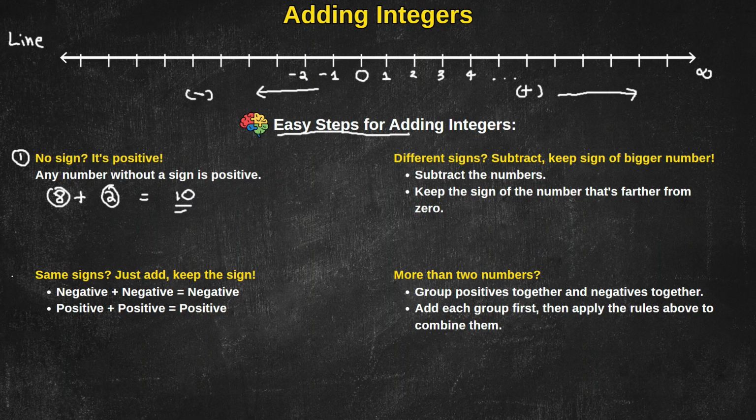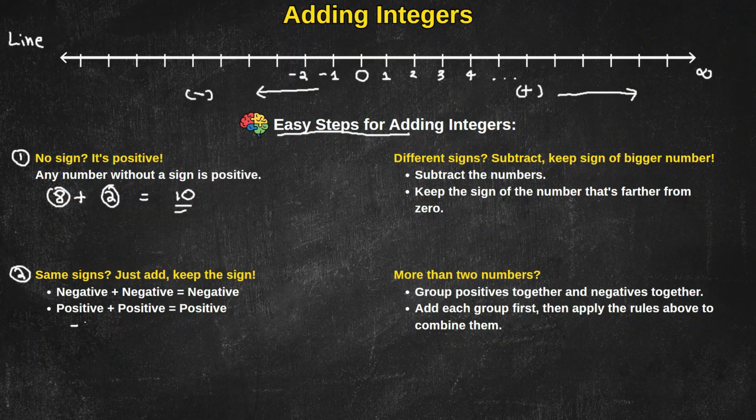Now let's look at step number 2. It says same signs, just add. Keep the sign. Negative plus another negative will give you a negative sign. Positive plus another positive will give you a positive sign. What does that mean?